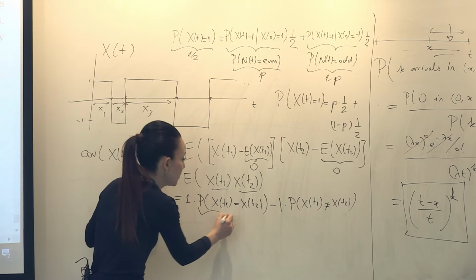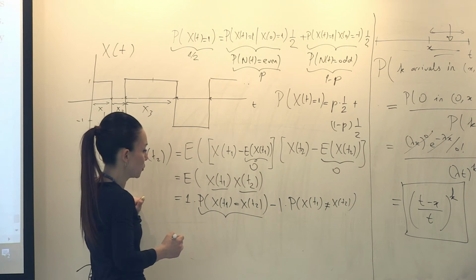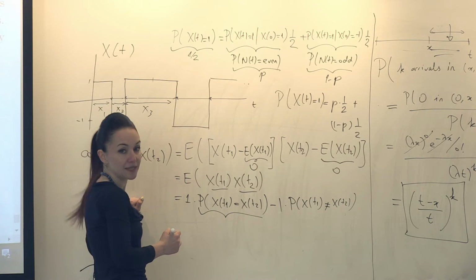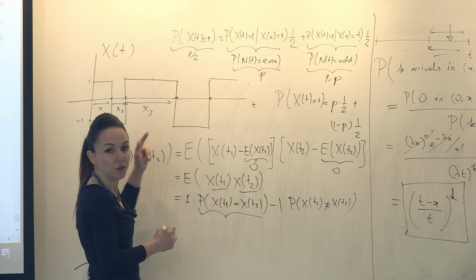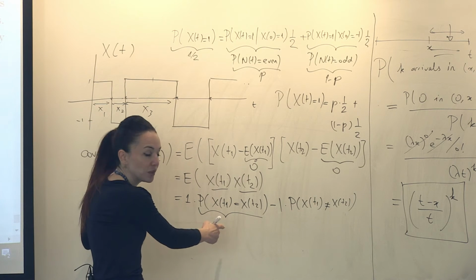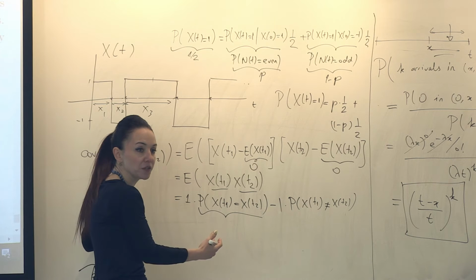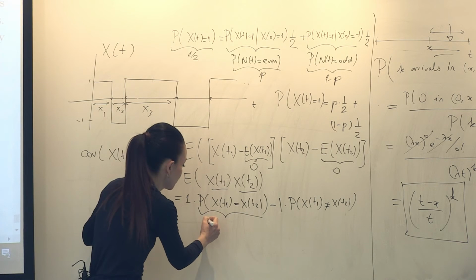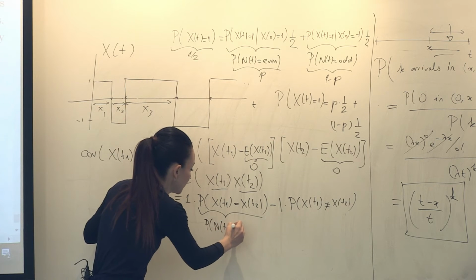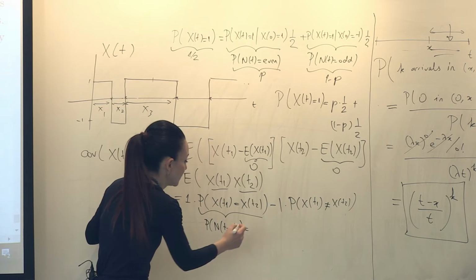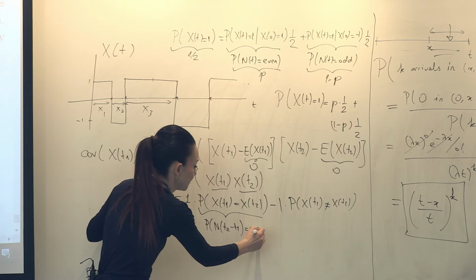But what is the probability that x of t2 is the same as x of t1? Going back to the same argument, they're equal if there's an even number of polarity changes from t1 to t2. So this is the probability that n of t2 minus t1 is even.